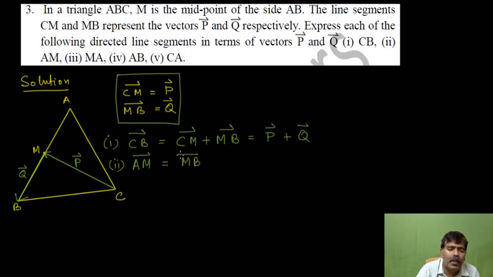Why? Because M is the midpoint, and AM and MB are collinear, right? So that's Q. The rule is, if you shift a vector keeping it parallel to itself or along the line of the vector, it doesn't change. So it's Q. You go to my notes, you will get it.